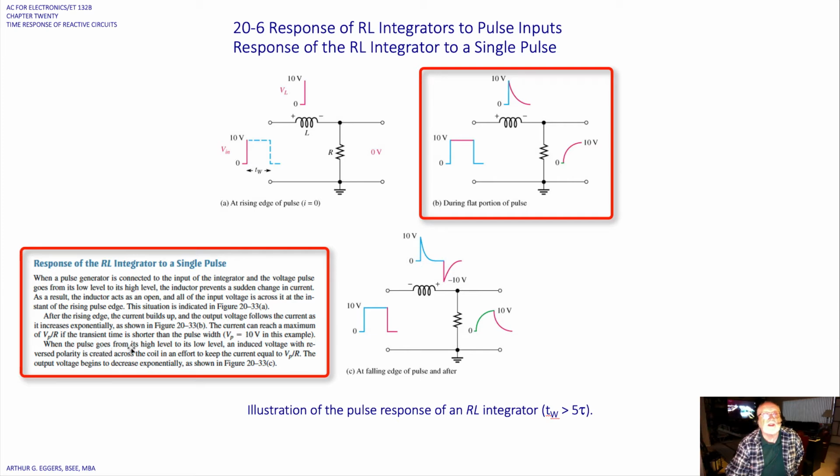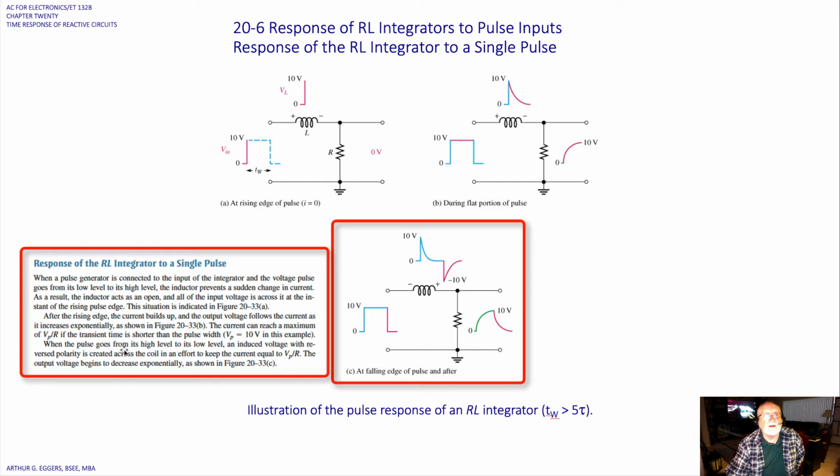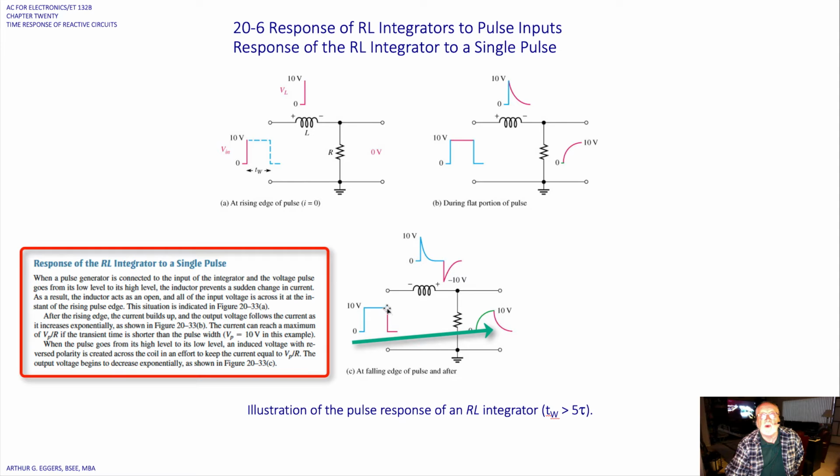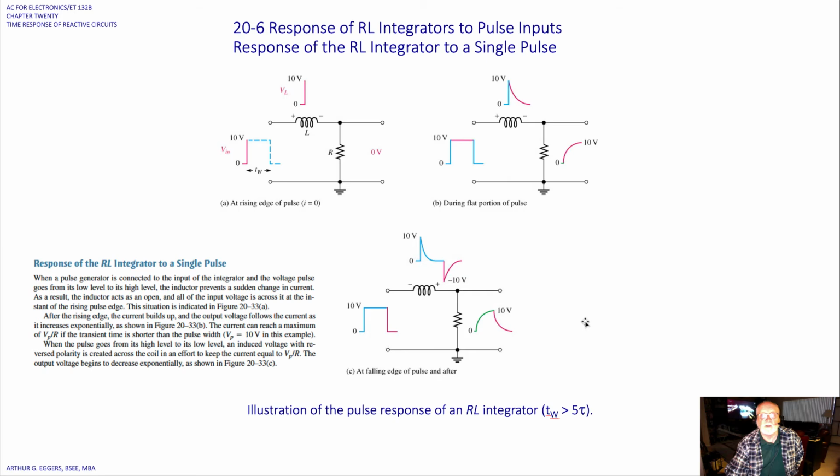When the pulse goes from its high level to its low level on the trailing edge of the pulse, an induced voltage with reverse polarity is created across the coil in an effort to keep the current equal to VP over R. The output voltage begins to decrease exponentially, as we can see in C. So we can see when we've dissected the square wave, the pulse goes from the initial jump to the pulse width, and then as we make the transition from high to low, it immediately drops down to minus 10 volts, and then we have the exponential curve.